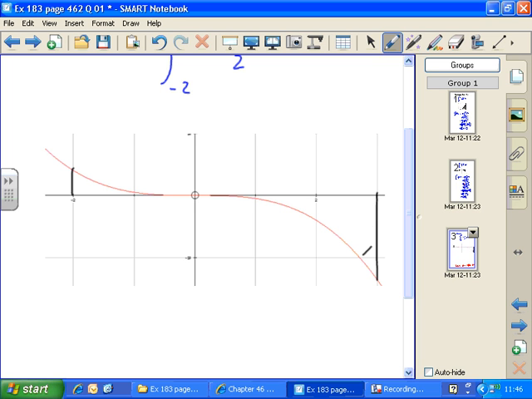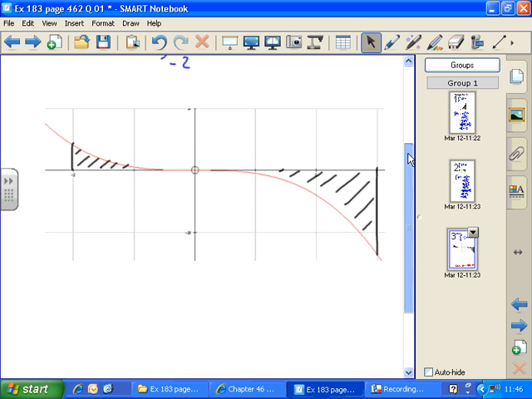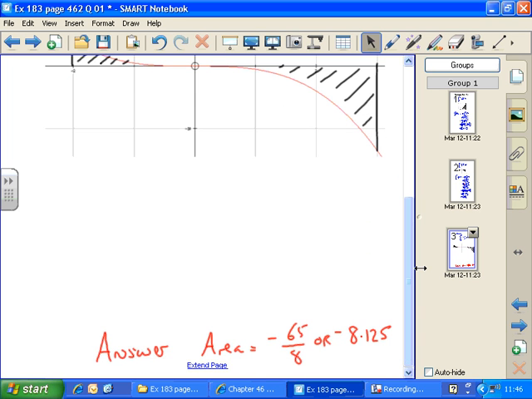And so you're finding this area here. Have a go, put in the values, and see if you get the answer. Pause this and try it. The answer follows. You should get that the area is minus 65/8 or minus 8.125.